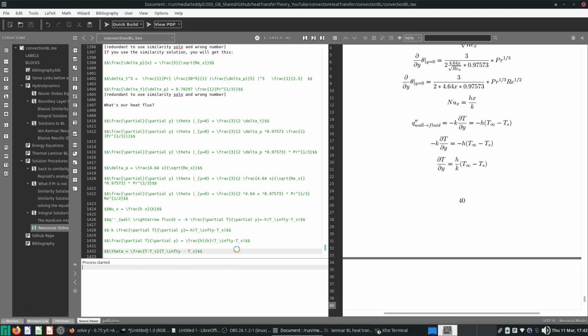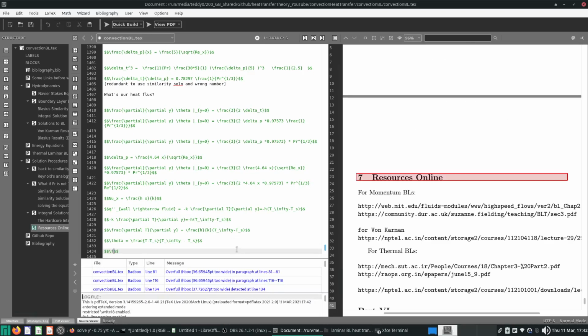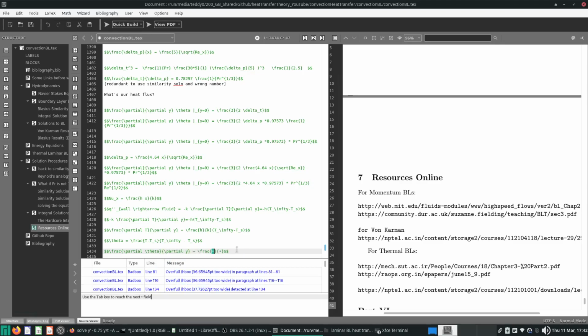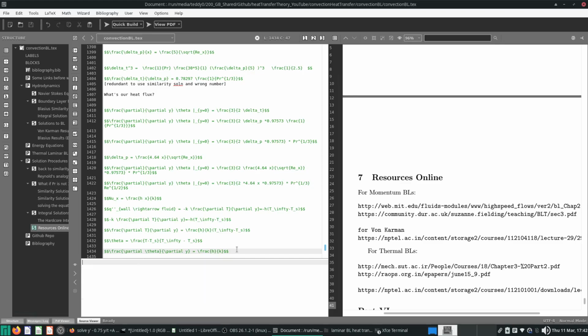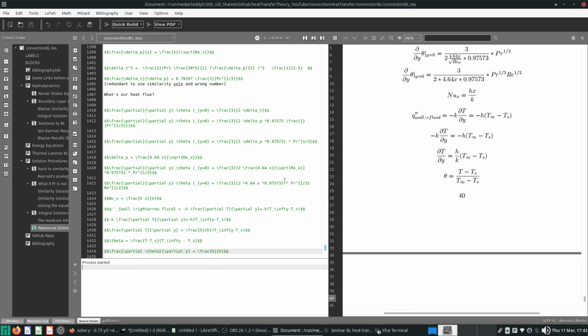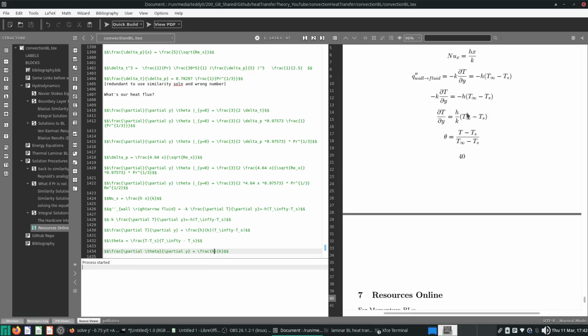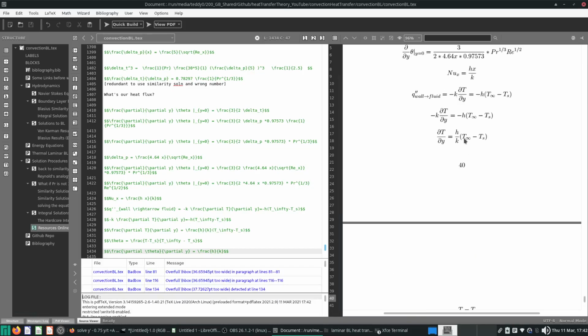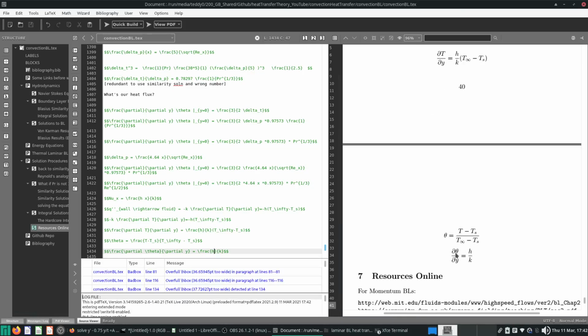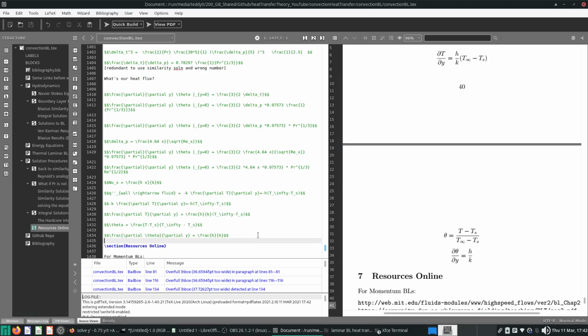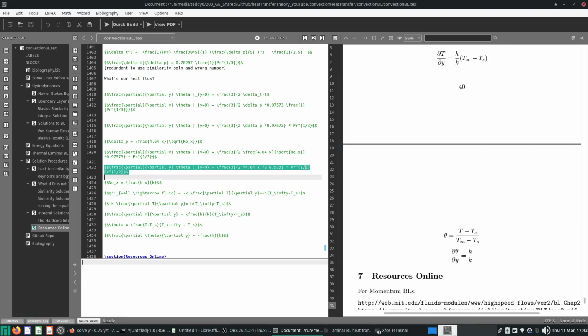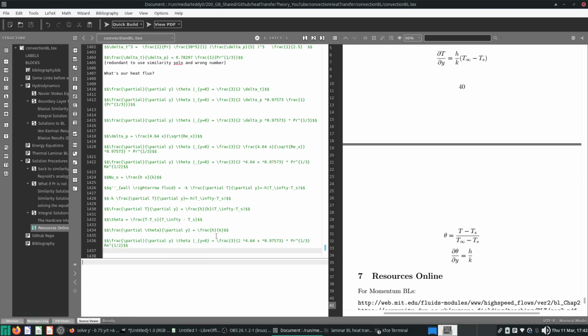So in effect, del theta del y equals h over k. Just writing this all down again. I just bring this T infinity minus Ts over, divide the left hand side, and you'll get theta. Now we are in business. So this is the wall heat transfer coefficient.